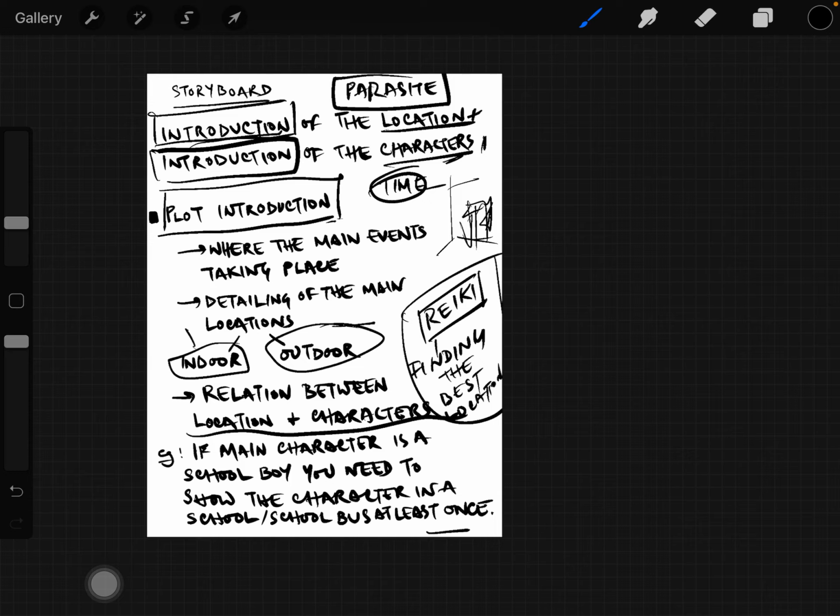Whoever your character is, the location and the background drawings etc. should represent that character's work or whatever, right?